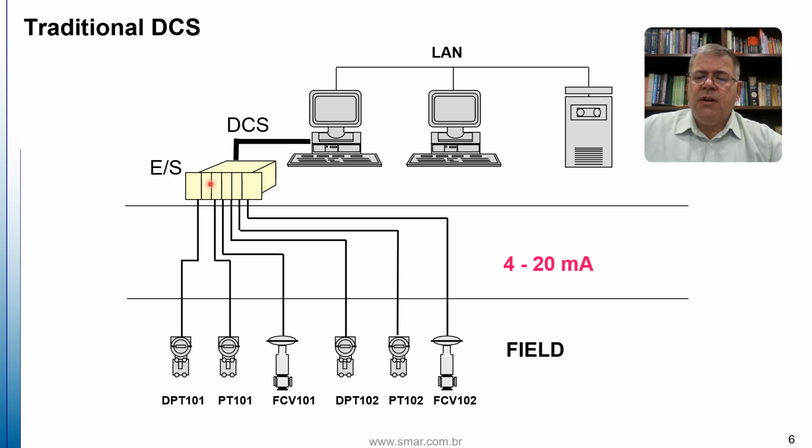The DCS, for its part, transmits the information to the computers and the supervisory management systems. The traditional system is based on this process. Once the control strategy is set, the signal sent to the positioner or valve is in the range of 4 to 20 milliamps, which ensures effective transmission to actuate the valve.